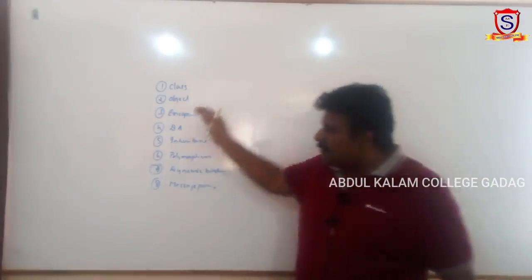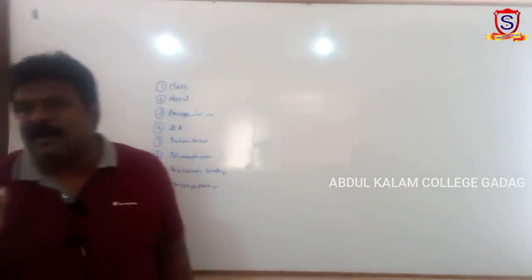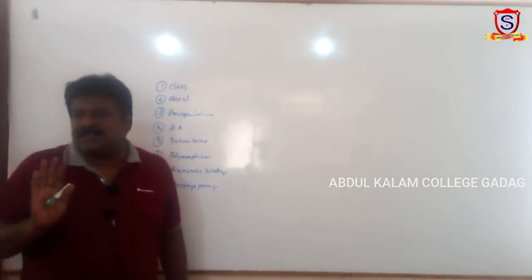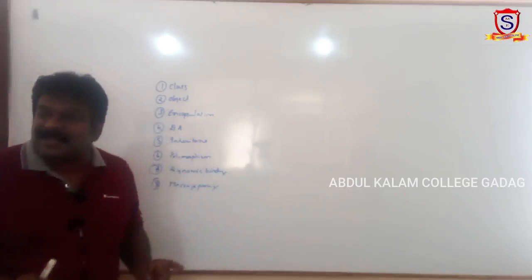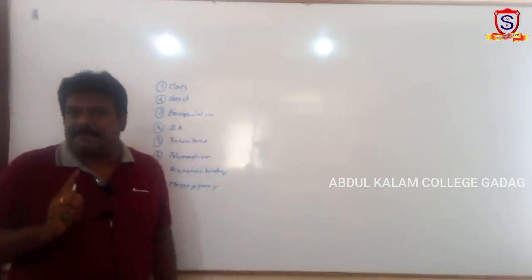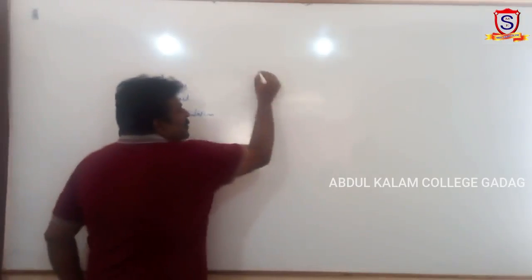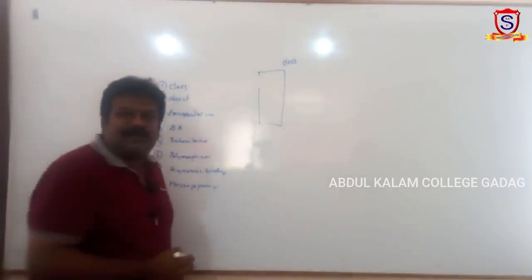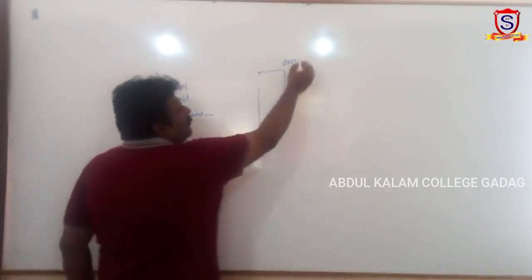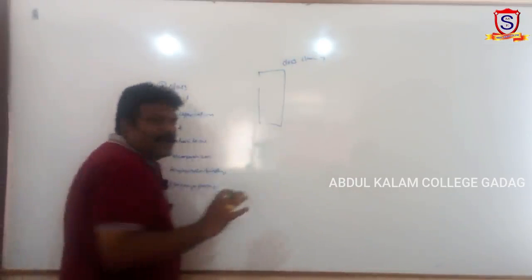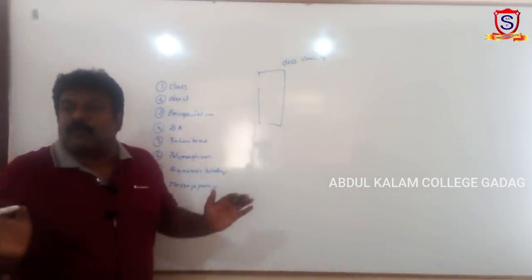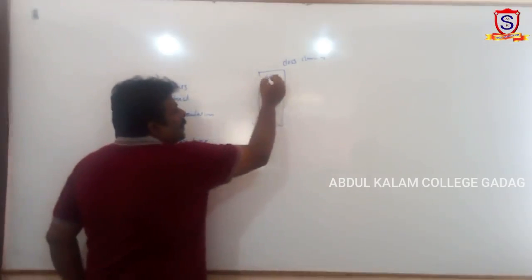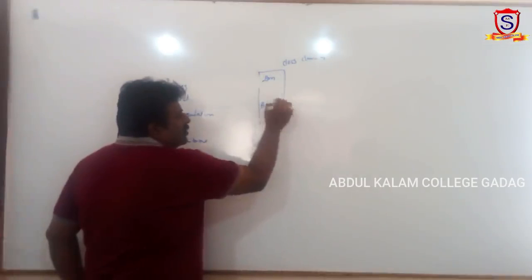Now let's have a look at all these things briefly. Okay, first, what do you mean by class? So class is a user defined data type. Class is a user defined data type declared using the keyword called class, and after that we give the class name, which is going to bundle, wrap up or encapsulate data members and associated member functions.